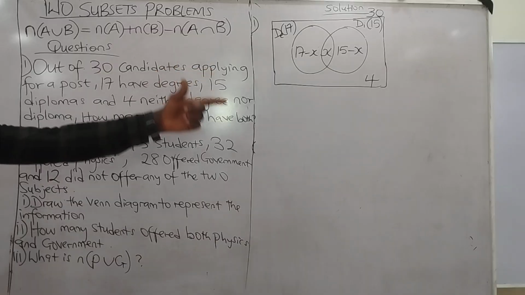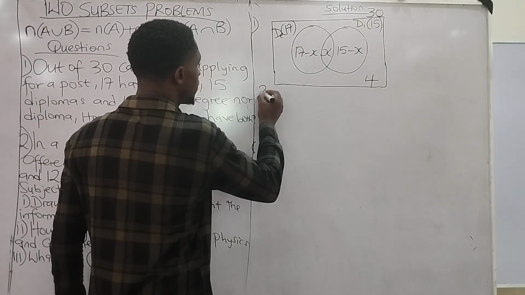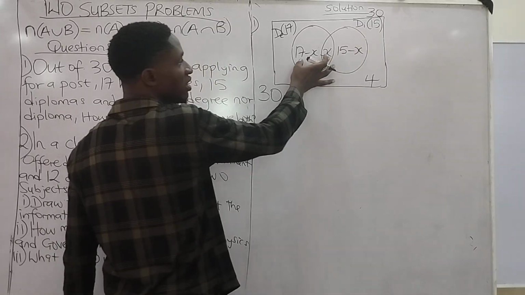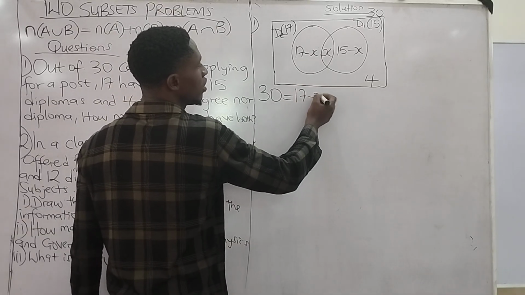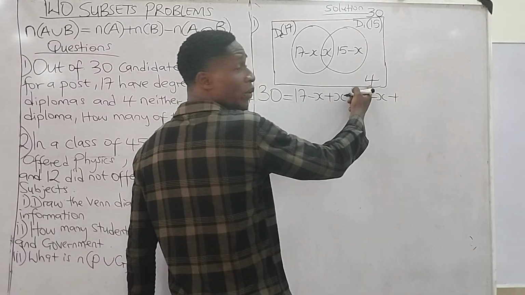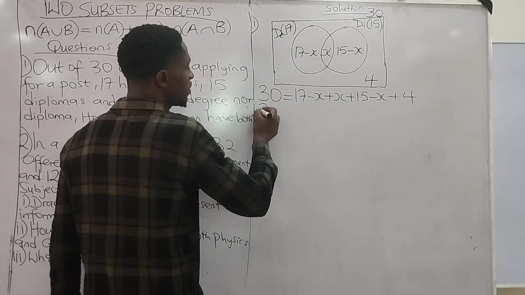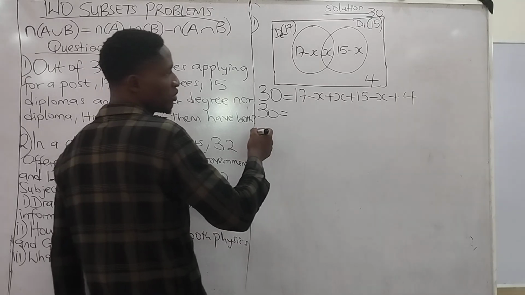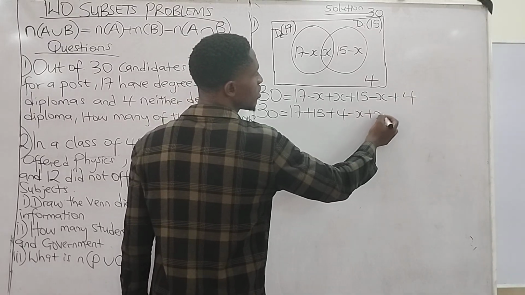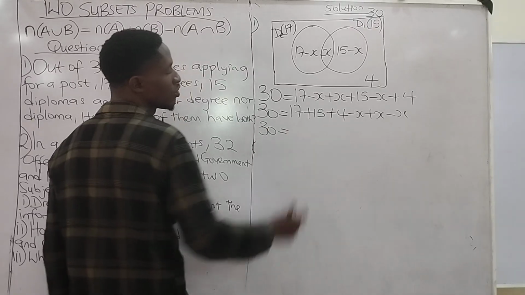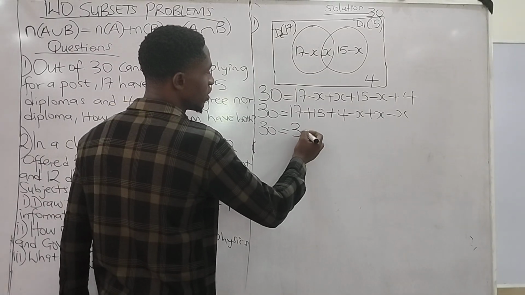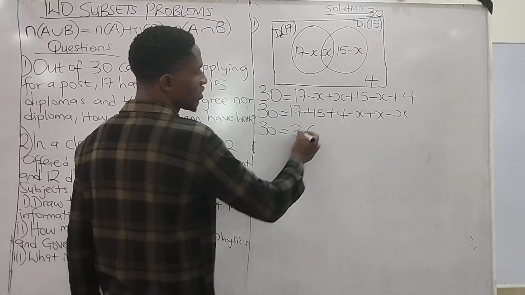So this is the Venn diagram. Let us solve. The total here is 30. We have 30 is equal to, you focus on what is inside; you don't need the outside again because we have put it here. So we have 17 minus X plus 15 minus X plus, remember we have neither, plus 4. So I have 30 is equal to, let's collect like terms: 17 plus 15 plus 4 minus X plus X minus X. 17 plus 15 will give you 32, 32 plus 4 will give you 36.